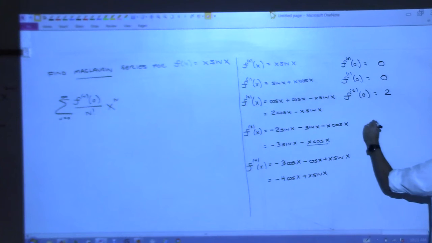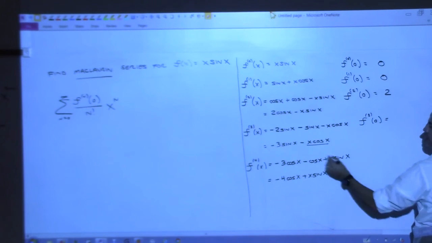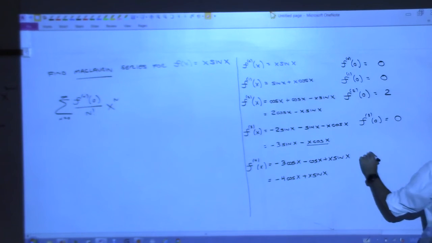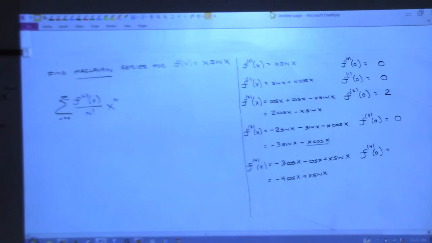What's the third derivative at 0? 0, 0, so 0. What's the fourth derivative at 0? Just looks like negative 4, right? Do you have a pattern here?